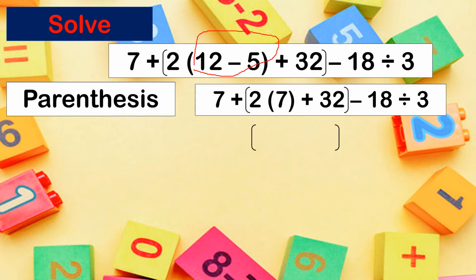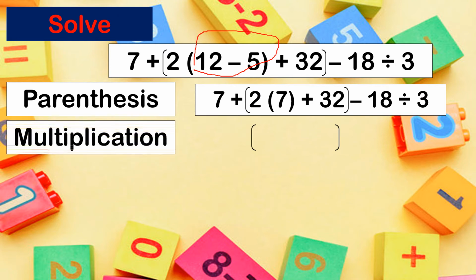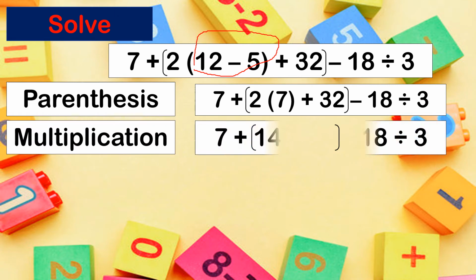So naging 7 plus 2, 12 minus 5 equals 7, plus 32 minus 18 divided by 3. Next, multiply 2 and 7 inside the bracket. So 7 plus 2 times 7 equals 14, plus 32 minus 18 divided by 3.